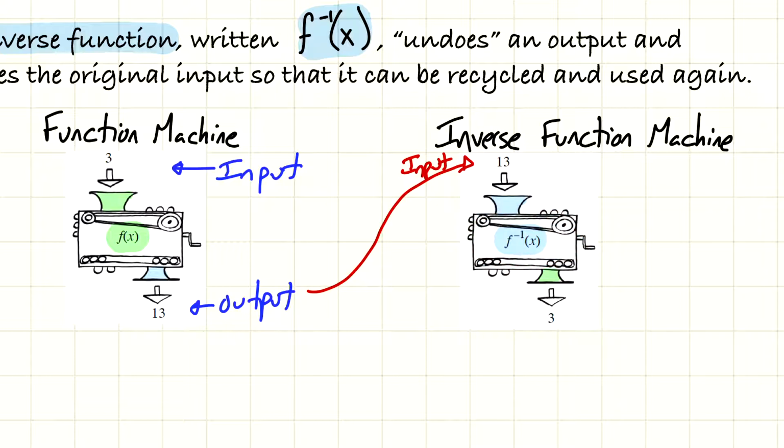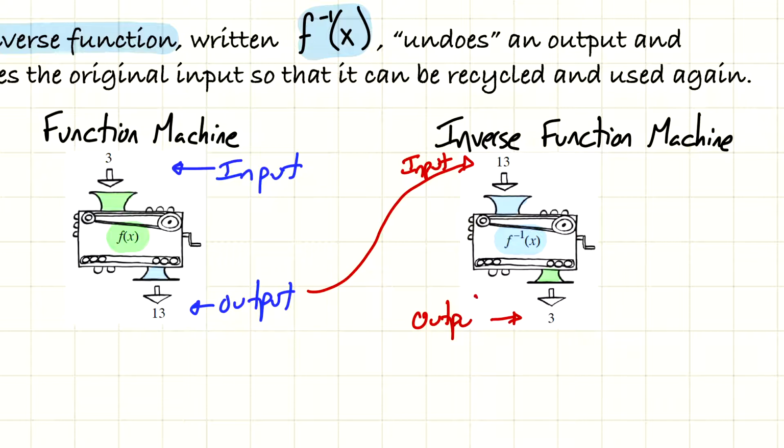All those steps that the original machine was doing, the inverse function machine is going to do in reverse order, which will end up resulting in this 3, which is now the output.